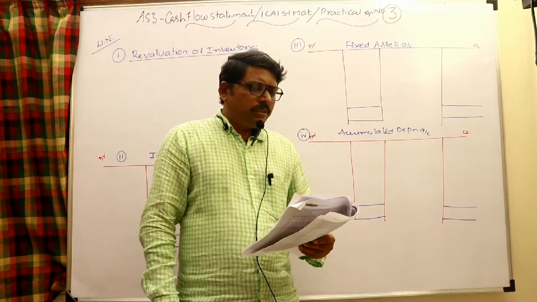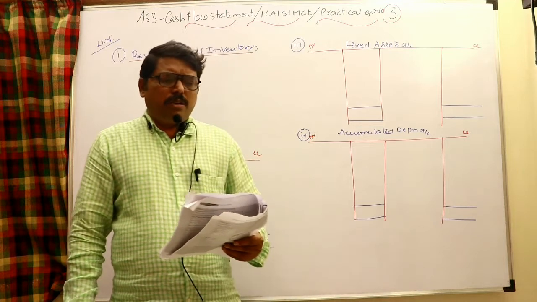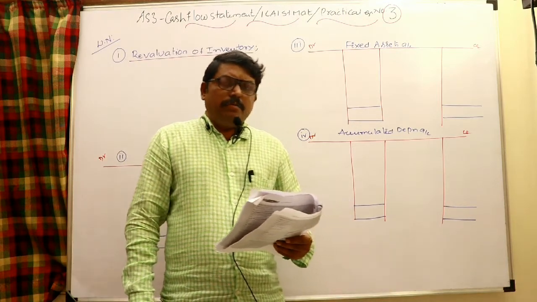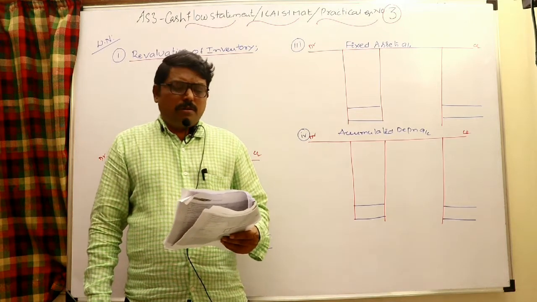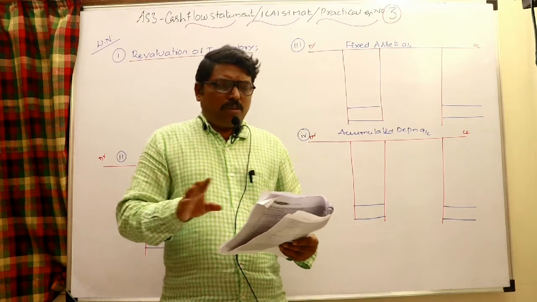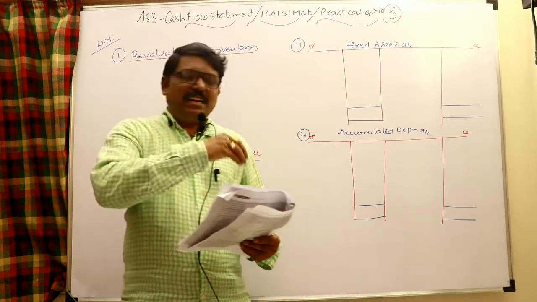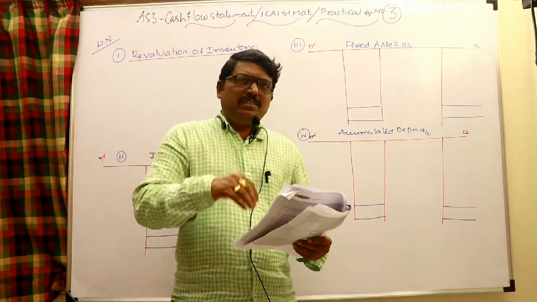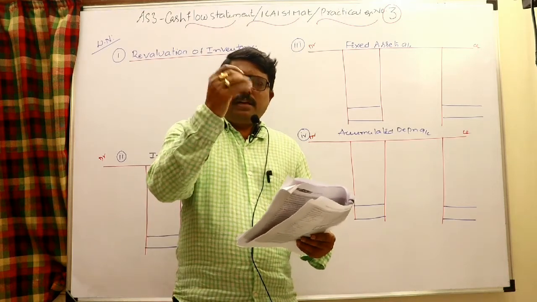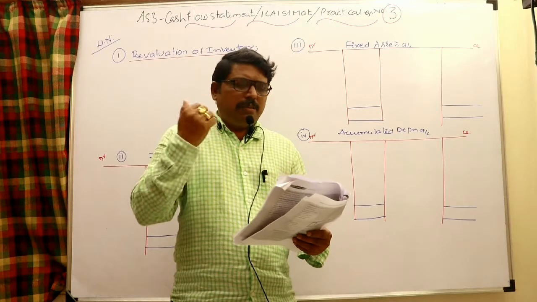The company decided to value the inventory at cost, whereas previously the practice was different. Normally the current year inventory on 31st March 2011 is calculated at cost, but while calculating last year's inventory, their practice was to show it at 10% less than cost. Cost is 100, 10% less means they are showing at 90%.